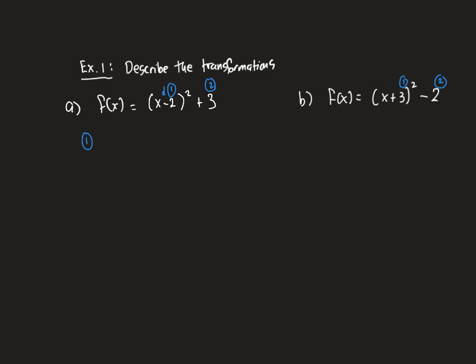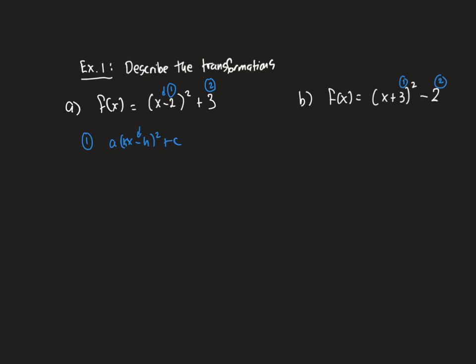Well, you remember my original form was written as a k(x - h)² + c. Notice how originally we start with the negative. So if it's still negative here, that means my h value is positive.